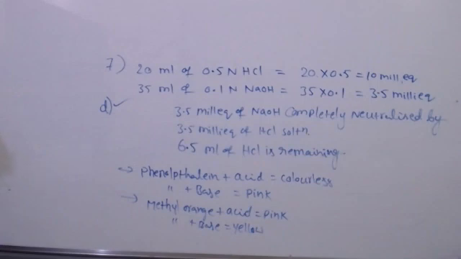Look at question number 8. A precipitate of AgCl is formed when equal volumes of the following are mixed.